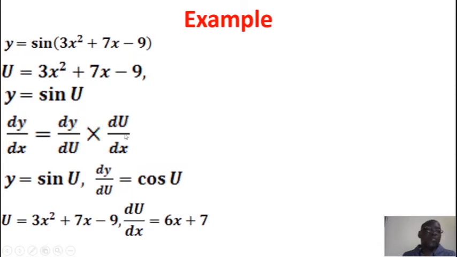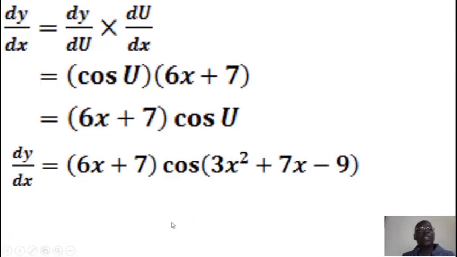When we differentiate y with respect to u, for y equal to sine u, dy/du becomes cos u. For u equal to 3x squared plus 7x minus 9, du/dx is 6x plus 7, following differentiation from the first principle. We multiply this by this to get dy/dx.